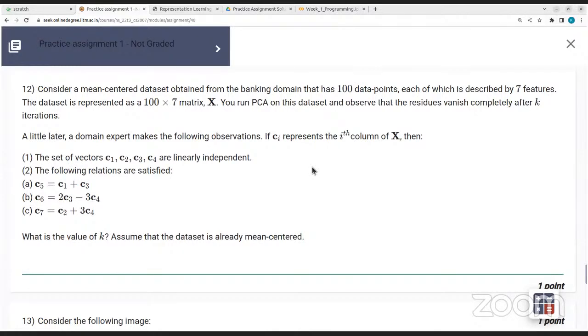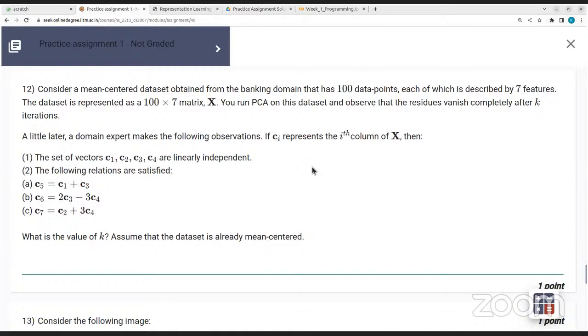Yeah, so we can say two things. The first is that the rank of the matrix is 4 because you have 4 linearly independent columns, and you can also say that the dimensionality of the row space is 4.